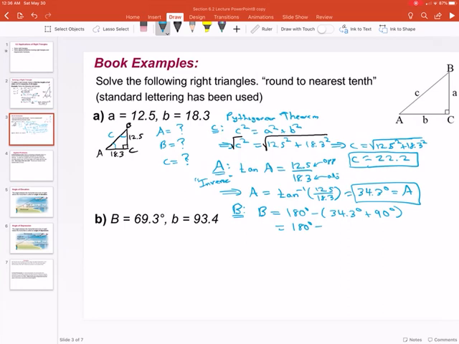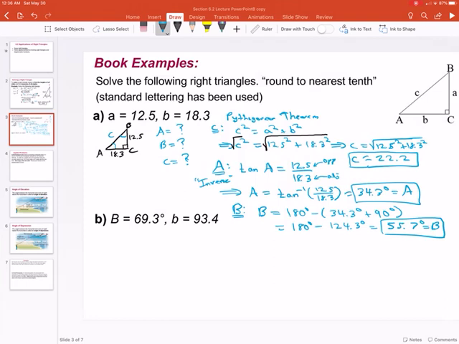What is 34.3 plus 90? That would be 124.3. And what's 180 minus 124.3? That's 55.7 degrees. There's angle B. There's all six parts. So we solved triangle ABC. That one involved inverse functions. Good example to look at.